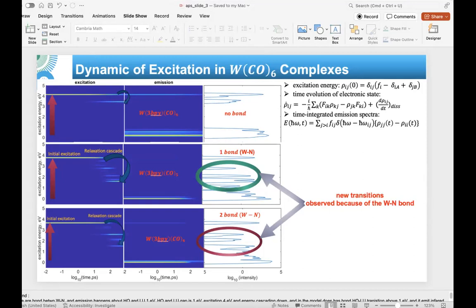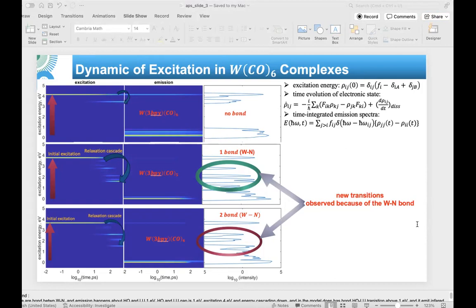Okay, so here is the dynamics of excitation for the metal complex structure. Here we compare the excitation and emission results for the model, tungsten with 3 bipyridine.